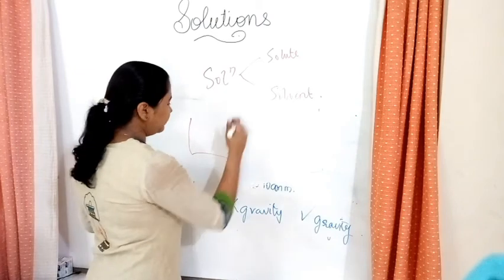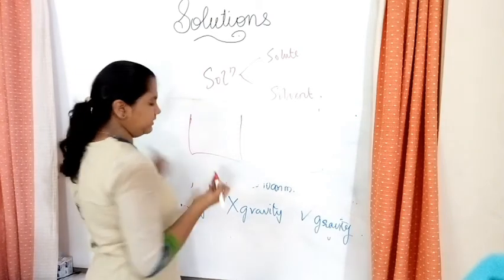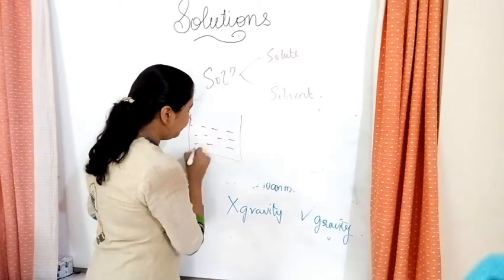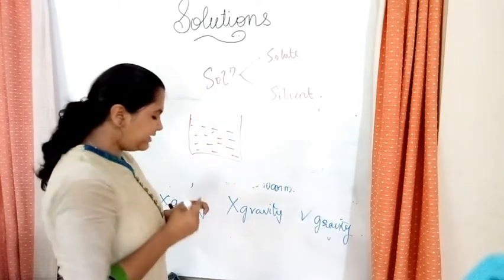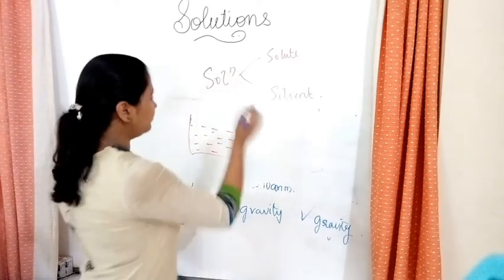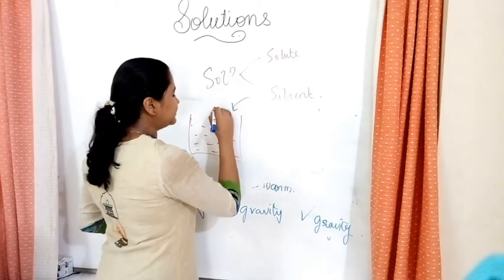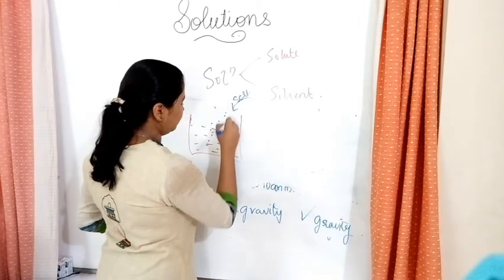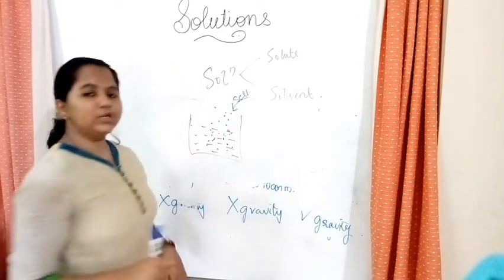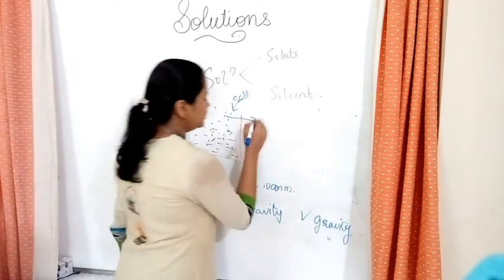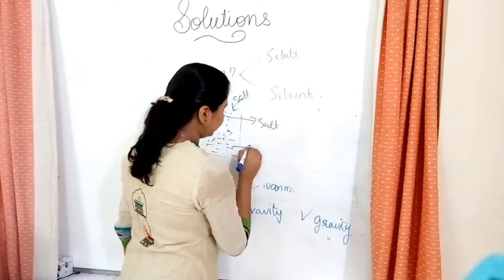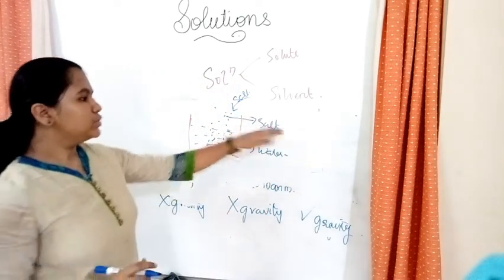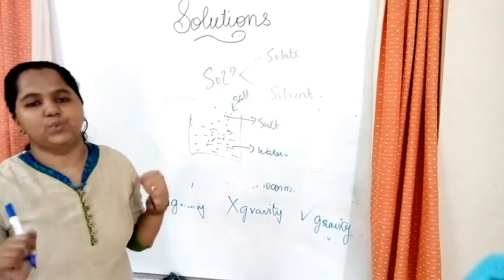I take a beaker or a jar, whatever, and I add water. Now I add salt. What are the 2 components here? Salt and water. Aren't they the 2 components? Yes. So which one is the solute, and which one is the solvent?